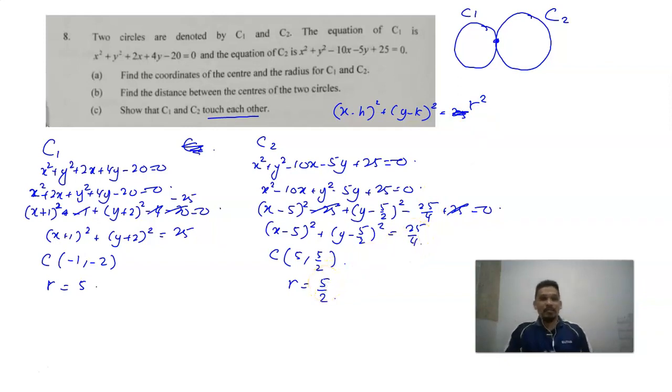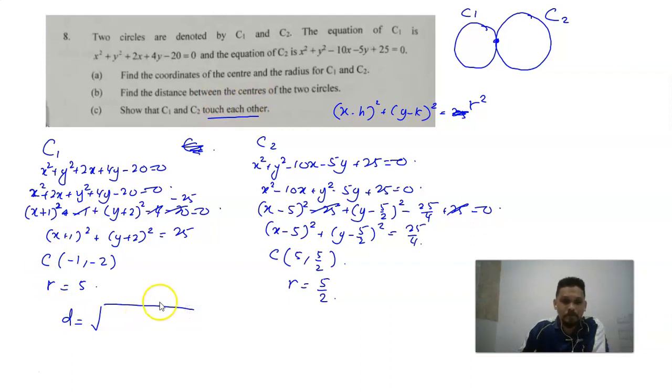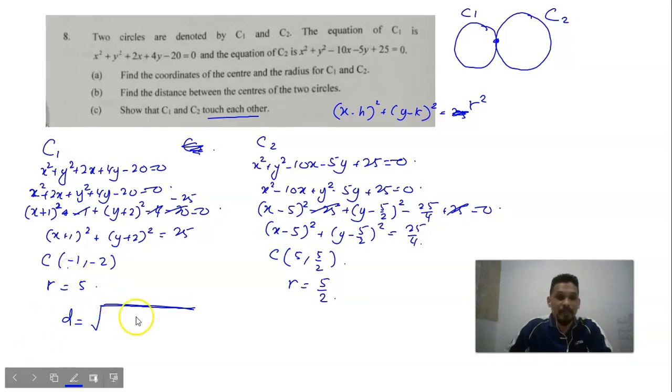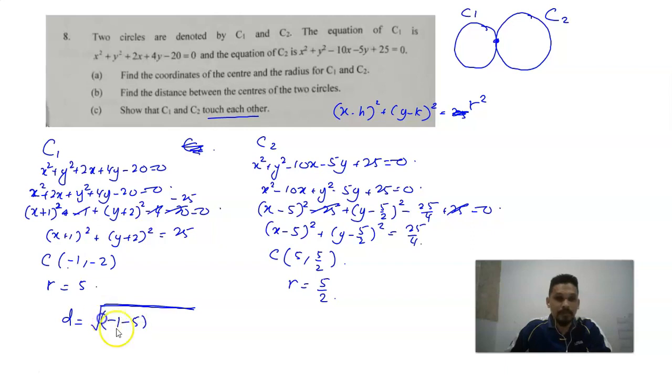Okay, find the distance between the centers of these two circles. So let's recall the distance between the centers of these two circles. So d equal to the square root of negative 1 minus 5 squared plus negative 2 minus 5 over 2 squared. Then we come out with negative 1 minus 5, negative 6.